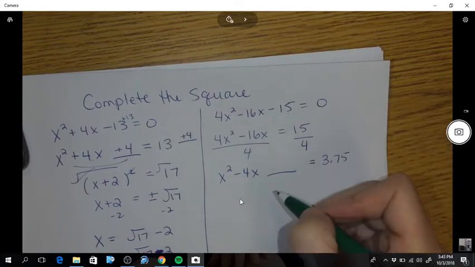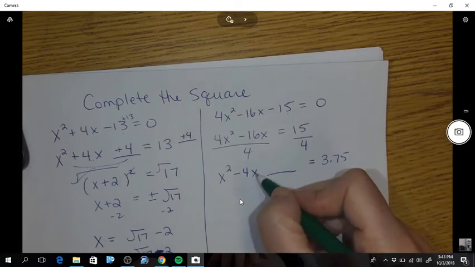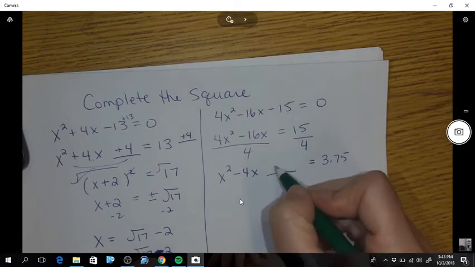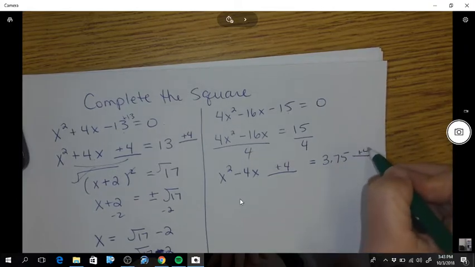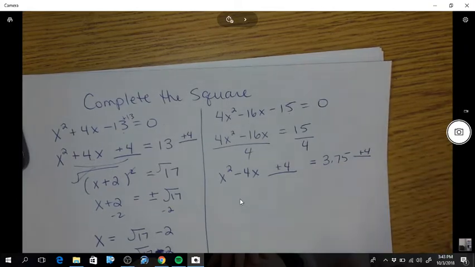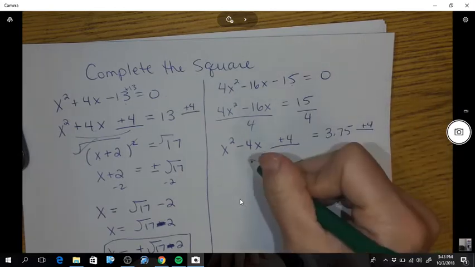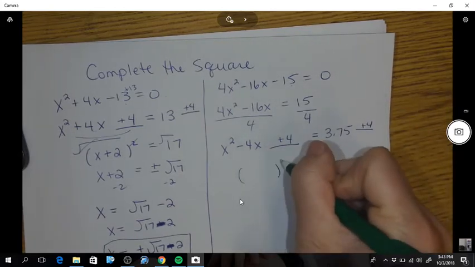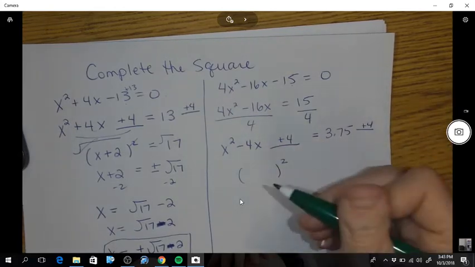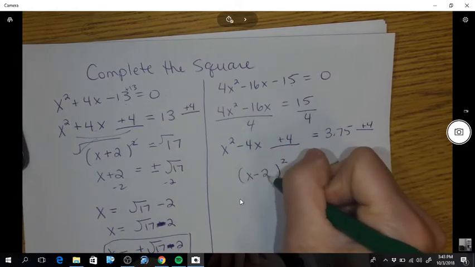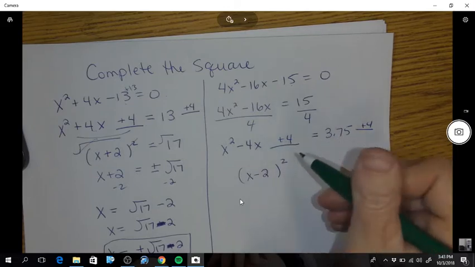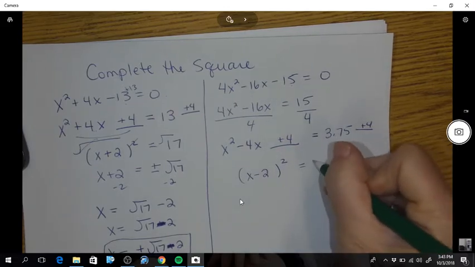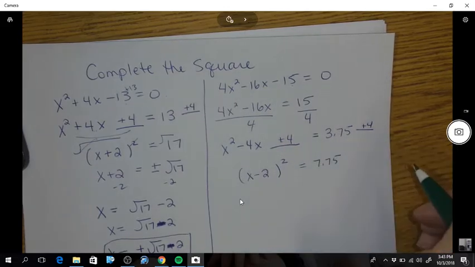Okay, now, oh, I gave you the same one, divide by 2, square it, which is 4, which means I need to teeter-totter it. Now, remember the trinomial, you want to make it a perfect binomial squared. So this needs to be x minus 2 to square to that, right? Double square equals 7.75.